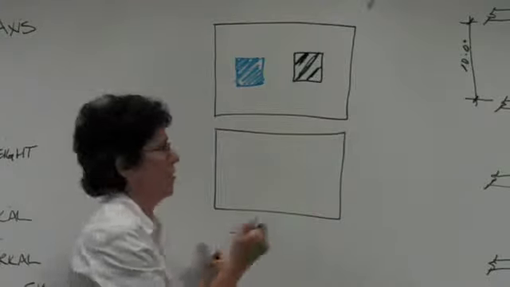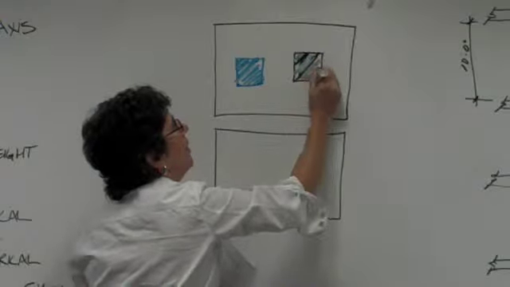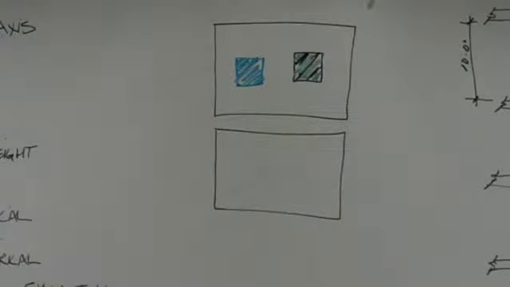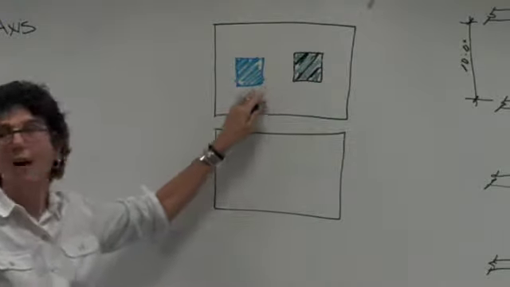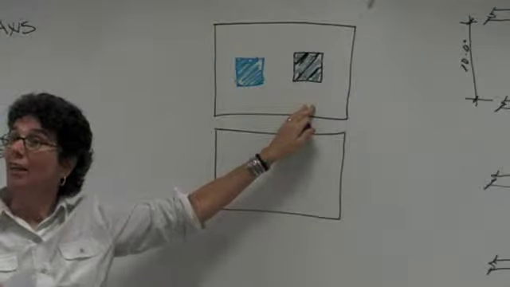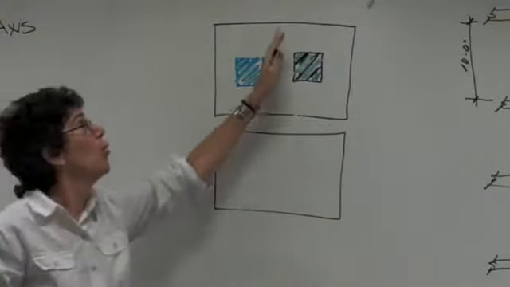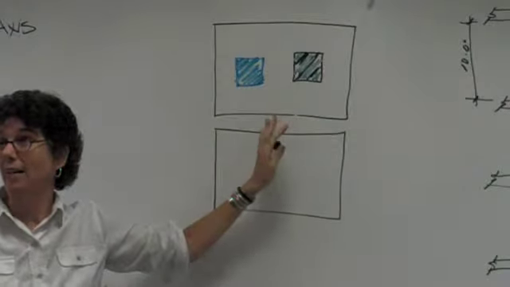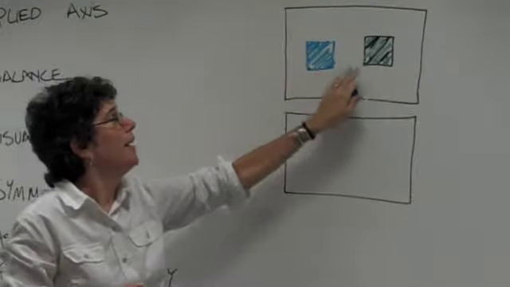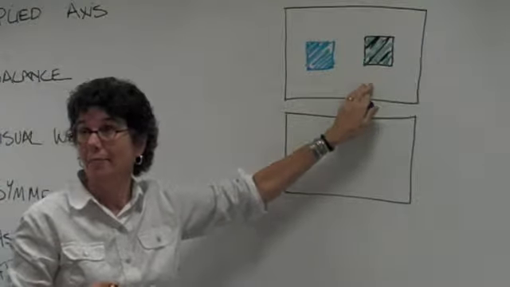It's not a very good demonstration, but I'm going to make it more dynamic by adding pattern and color. Okay? So now, these are both the same size. This is more active, has more going on, so it visually is larger. I just took what we can call a symmetrical balance and shifted that by making this square, even though it's the same size, have more going on in it.